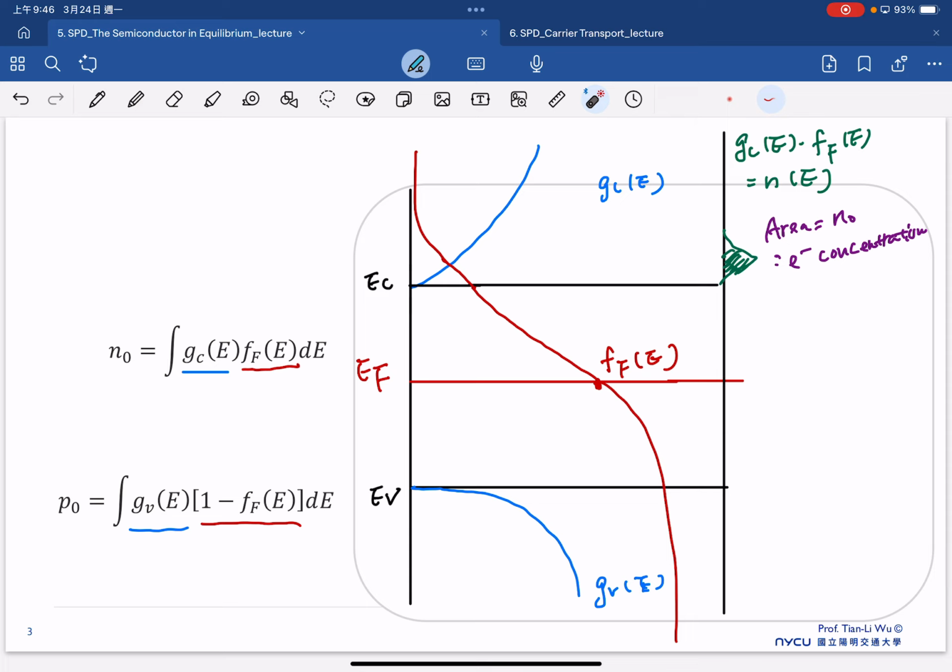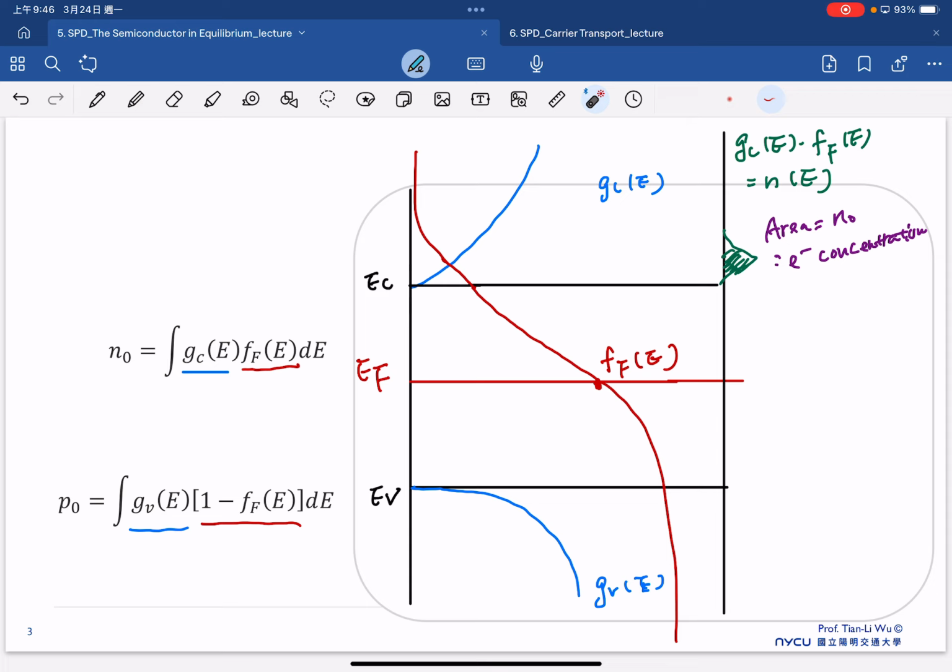But now, the concentration is just this one times this one, and that is equal to this curve times this curve, which suggests that our area here is equal to our electron concentration. So in this sense, it's pretty easy to understand.